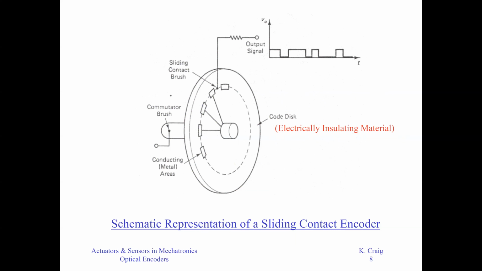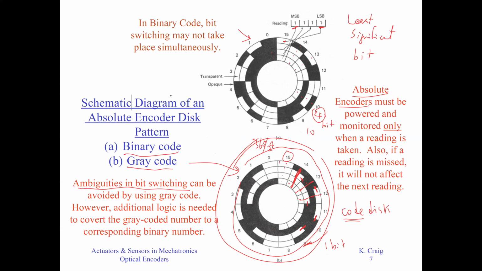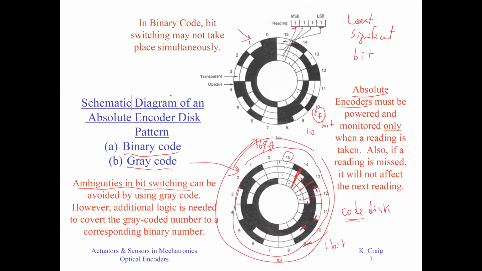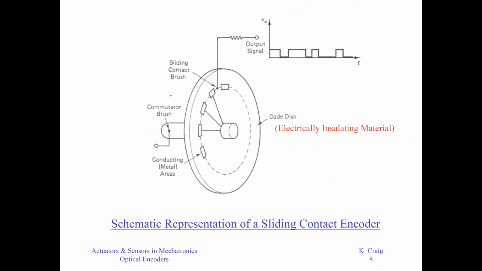Interestingly, a lot of people didn't realize that sometimes you don't have to have a slit. Here I told you that you need a slit, a window, and light. Just to open your mind, sometimes you can use a sliding contact brush contacting here.